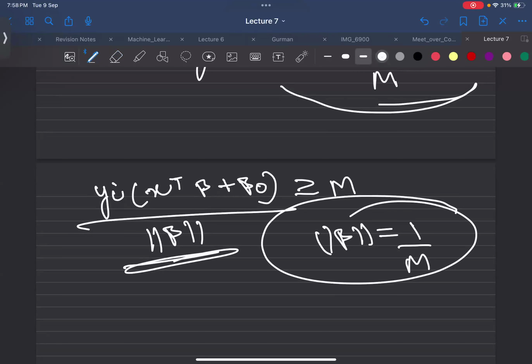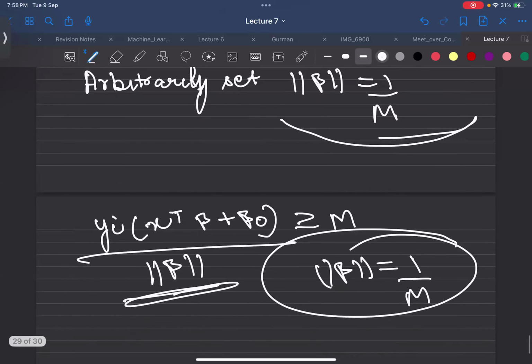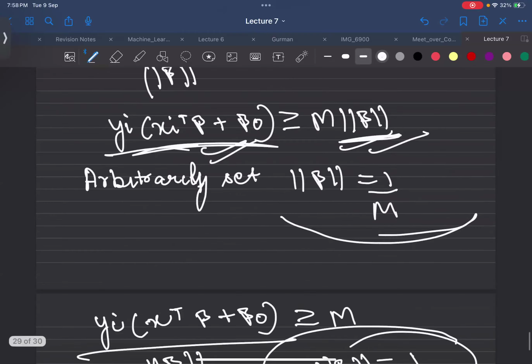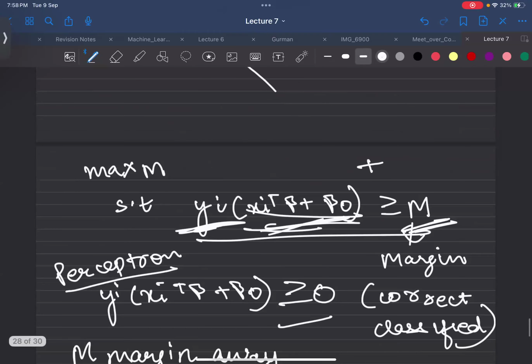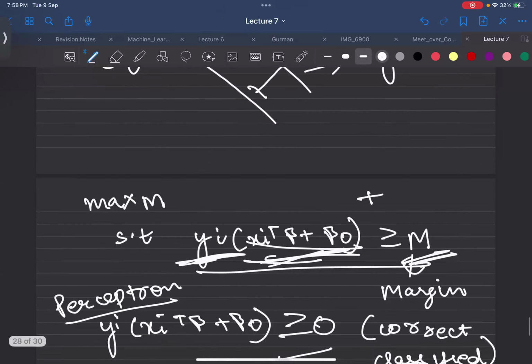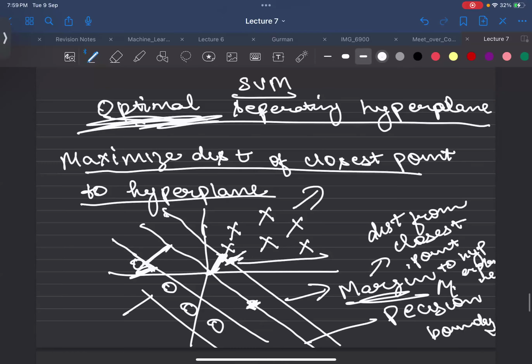I have given some intuition now. Do some research and find out why I'm dividing by the norm of beta, and why I am setting the norm of beta equal to 1 by m. In the next class, maybe we'll discuss this. Till this point, is everything clear, like why we were doing this, the math part, and the intuition behind SVM? Is this clear?